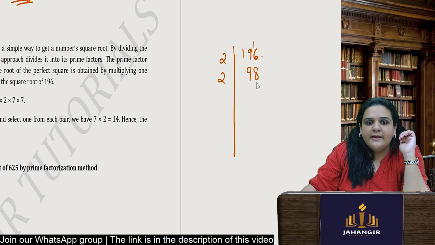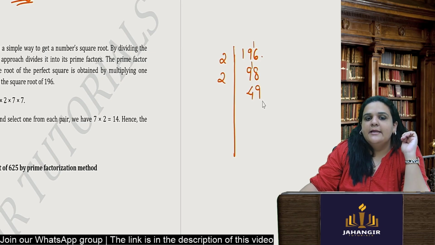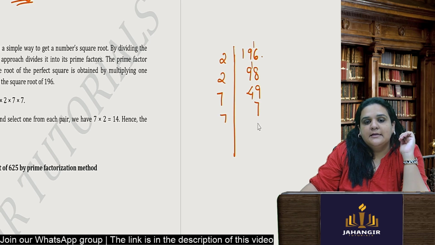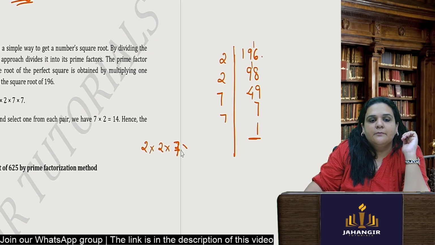Again I can divide this 98 by 2. 2 fours are 8, 2 nines are 18. 49 goes in the table of 7 directly. 7 sevens are 49 and 7 ones are 7. So I will keep doing this until I get 1 down last. So I have prime factorized 196 as 2 into 2 into 7 into 7.